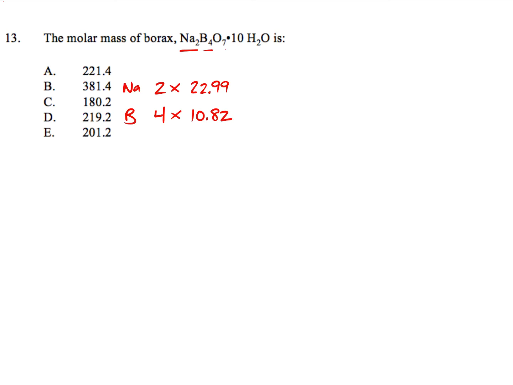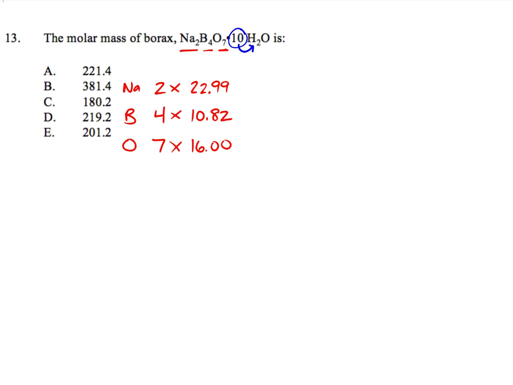Okay, next let's just deal with this oxygen. So there's 7 oxygen there times a molar mass of 16. Okay, and in this case, the water is part of the formula as well. This dot just means that the water is sort of hydrated around the formula unit, but we still count that with the molar mass. So for the hydrogen, we do have to take account of this coefficient.